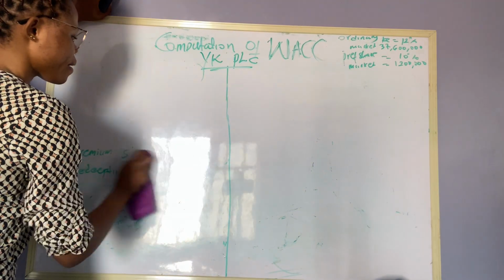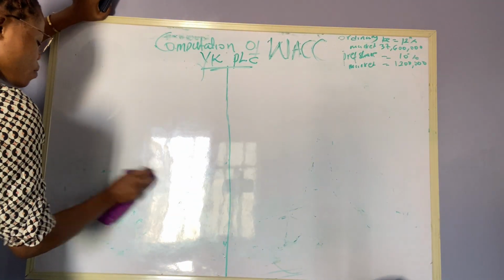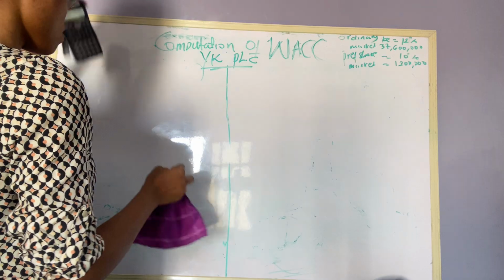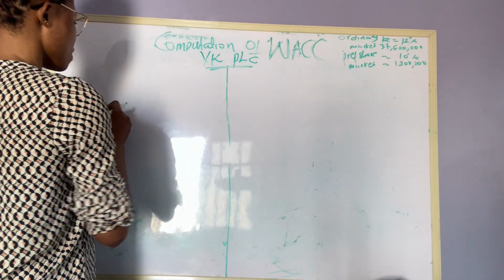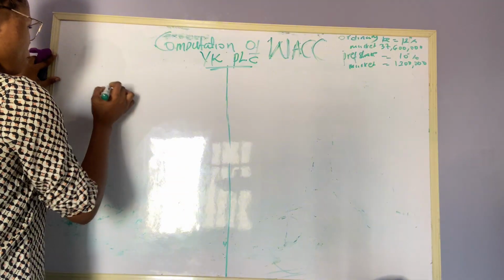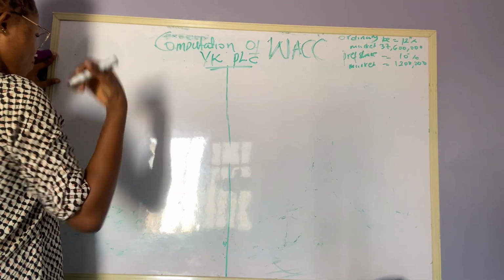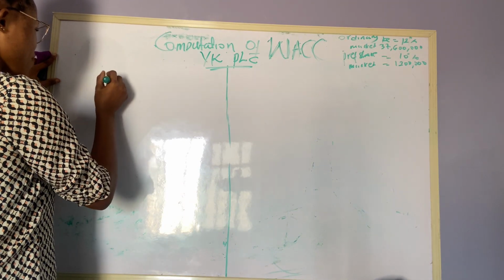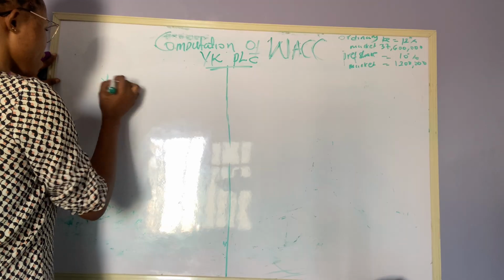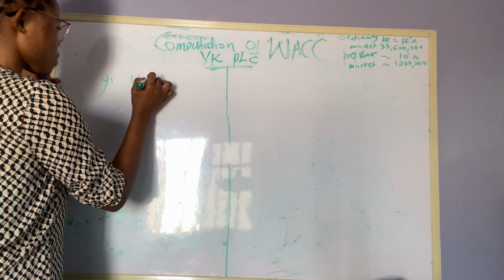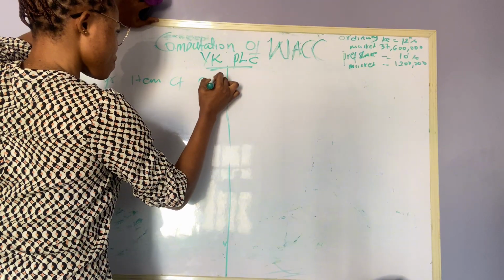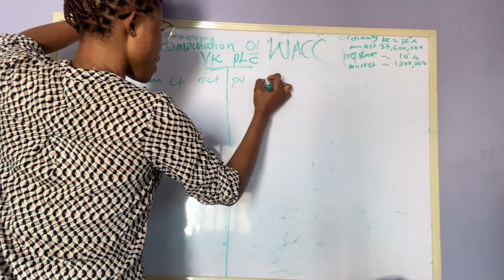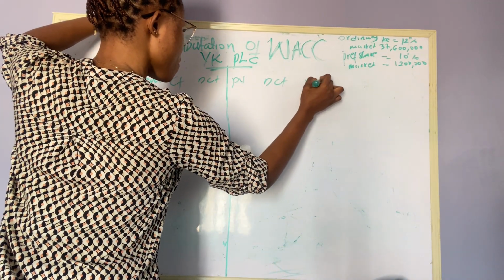The IRR table, final rate of return. Now we say year, item, cash flow, DCF, under DCF we have PV.